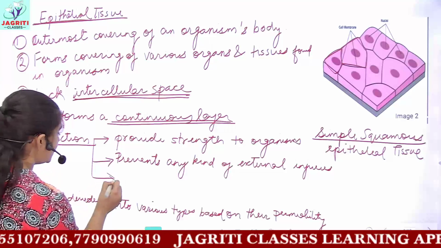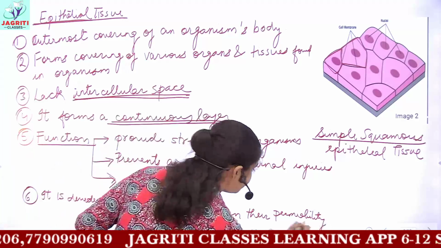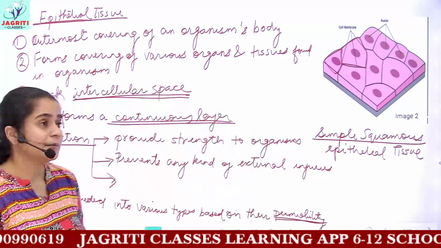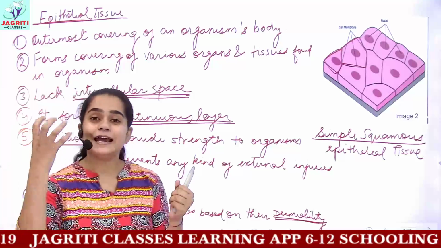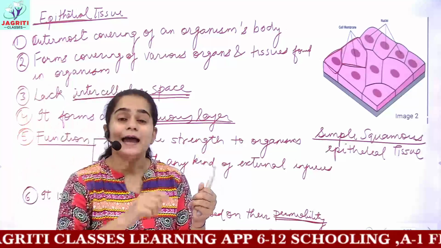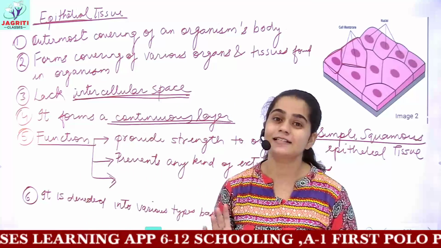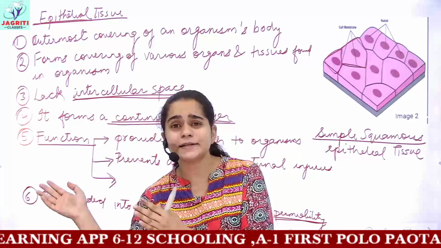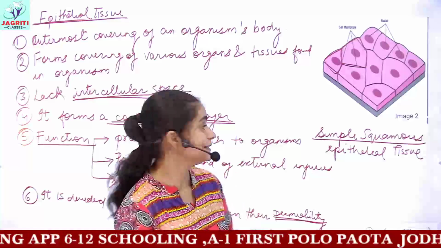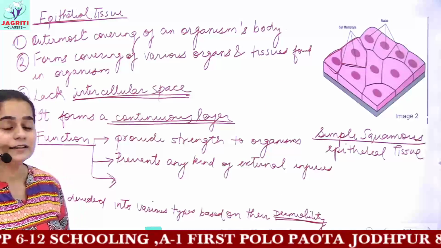So its function is, because they have difference in permeability. Permeability means it allows entry of some substances and it allows exit of only certain particular substances. It will not allow all the substances to move in and out of the cell through this epithelial tissue.